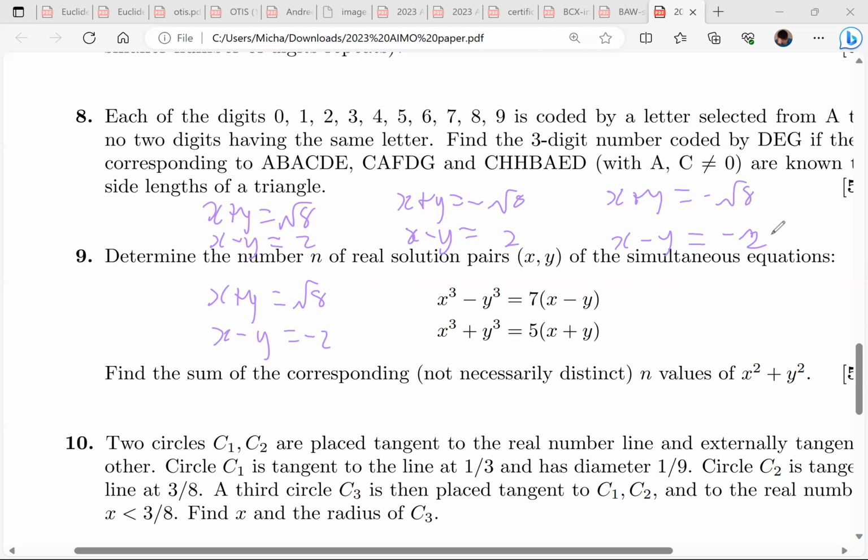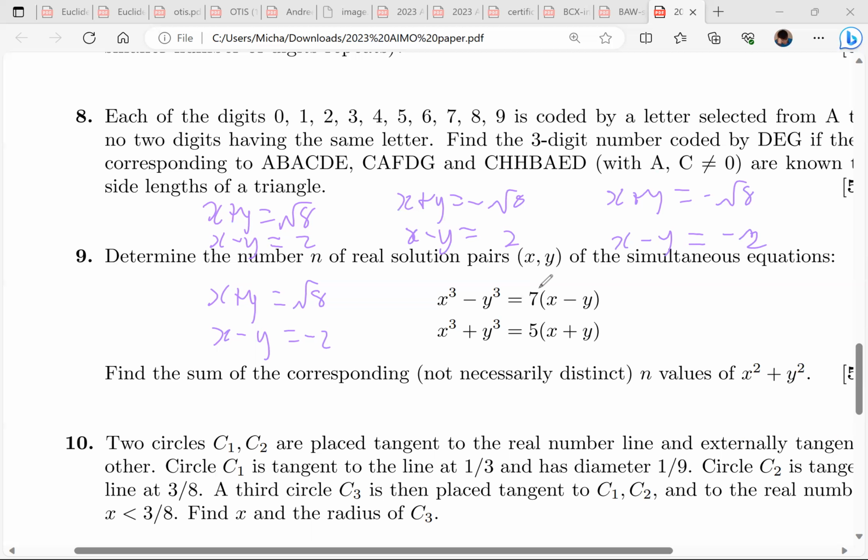So you can explicitly test them, okay? But the question is, does it prove there are 4 solutions? I think to really prove that there are 4 solutions, you might have to be a bit careful, okay? Because at the moment, this is saying x and y have to be like this, yeah? So it's reducing the number of solutions. It's not saying that the things that come out of this will actually be solutions.